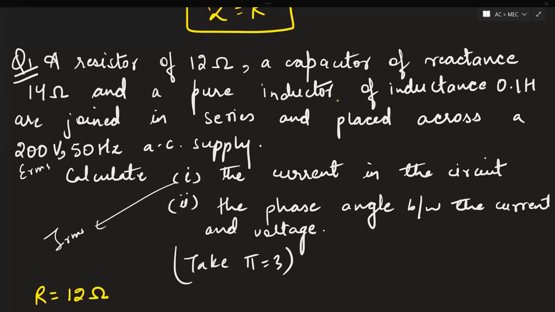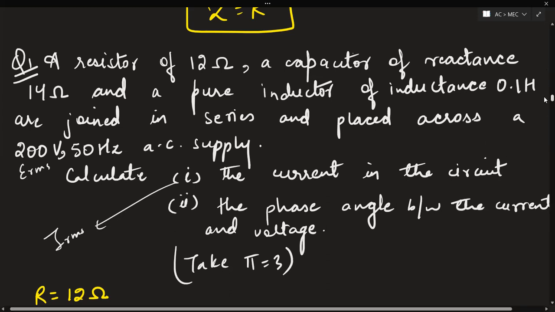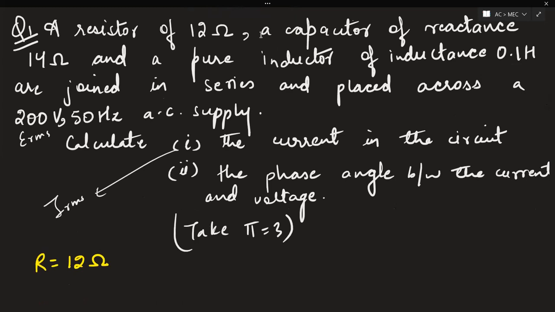Josefa, what is this 14 ohm given? What's the symbol for this? No, not 12 ohm, Josefa. A resistor of 12 ohms, so resistance is 12 ohm.